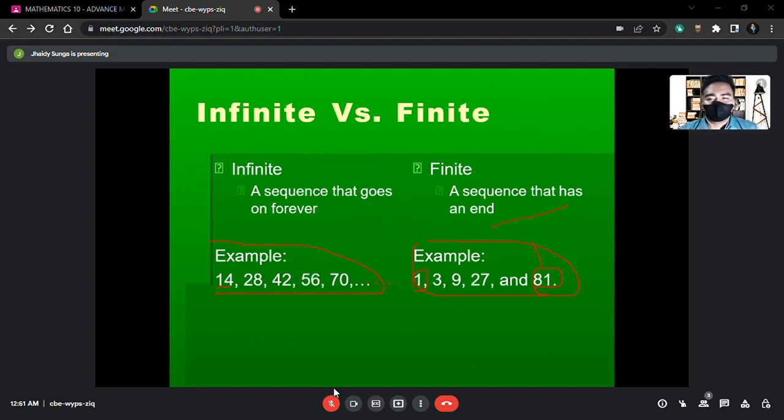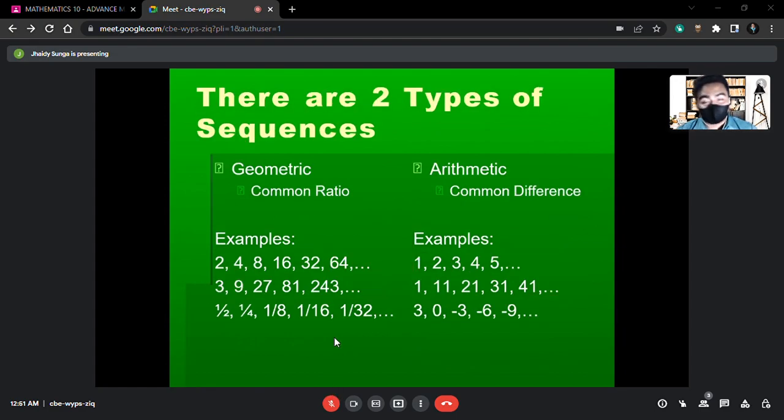So to continue, there are two types of sequence. A while ago we already tackled what those two types are. It is arithmetic and geometric, and we also saw that geometric has a common ratio, and arithmetic has a common difference, right? So the examples are these.